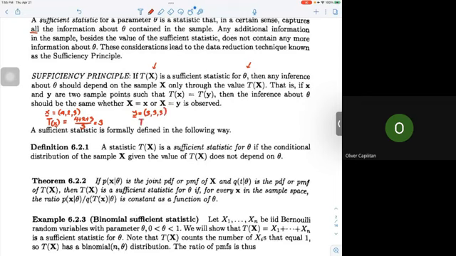So the T of y here is also equal to 3 plus 3 plus 3 divided by 3, and the answer is equal to 3.